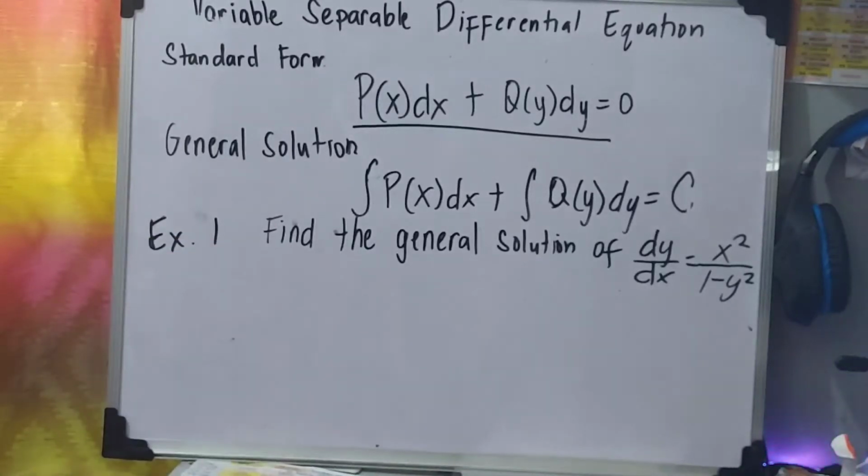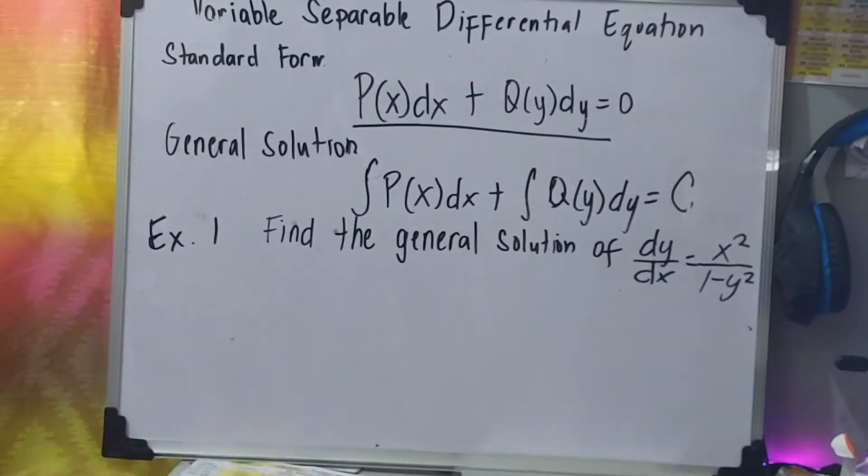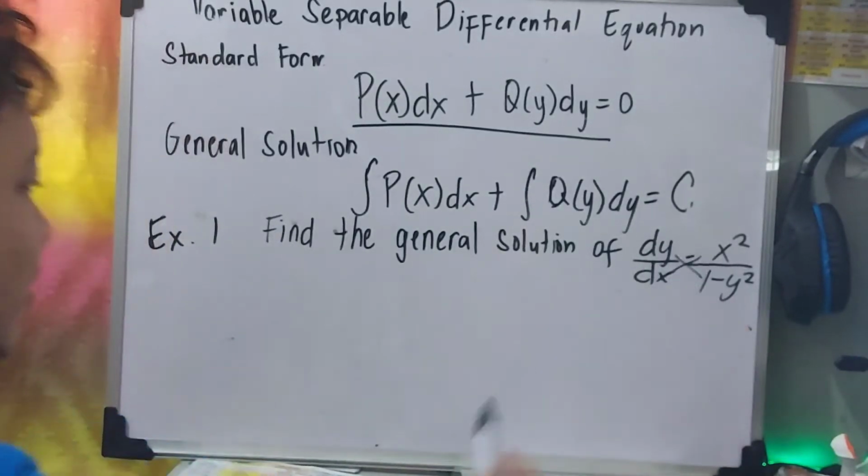Find the general solution of dy over dx equals x squared over 1 minus y squared. Since it is not in standard form, we will just cross multiply these two.